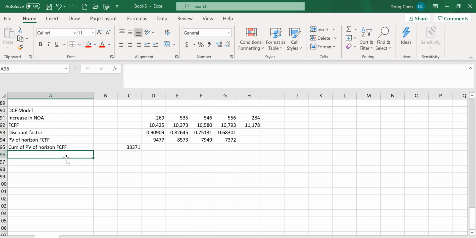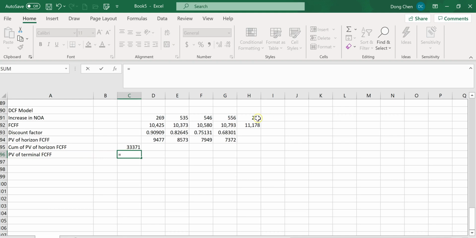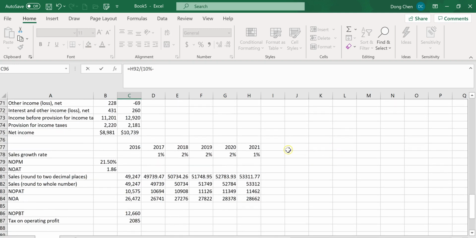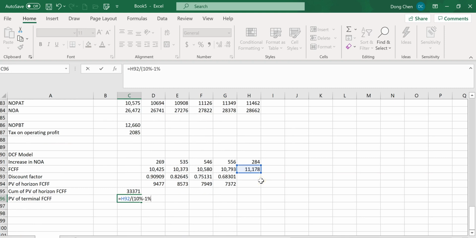Now I want the present value of terminal FCFF, right? This is basically the terminal cash flow right here, divided by the 10% discount rate minus the growth rate in the terminal period, which is 1%.